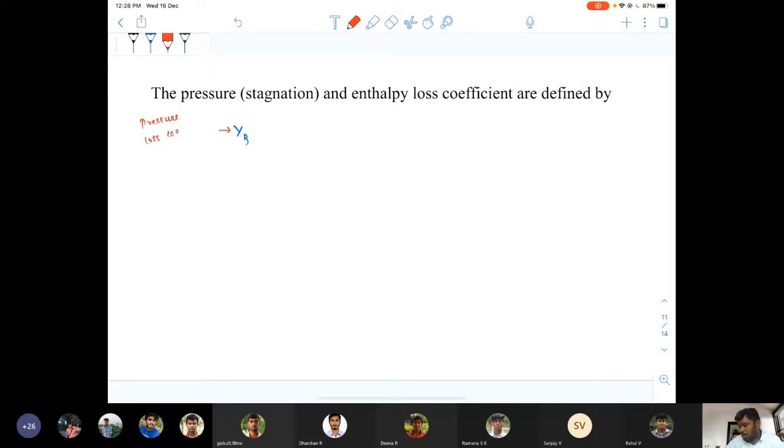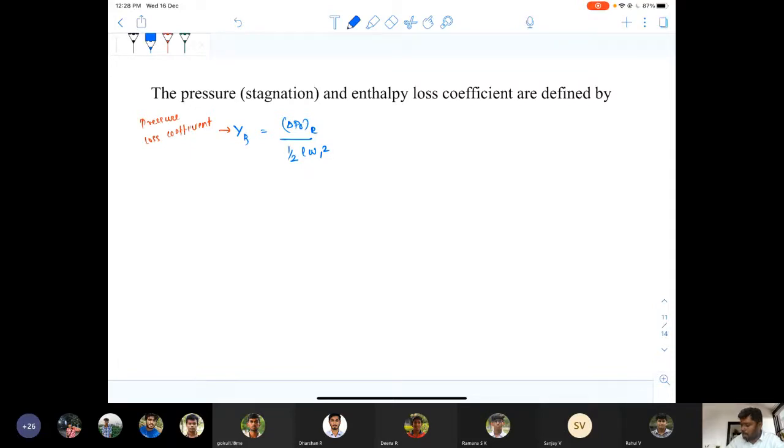Y of R is equal to delta P naught of R divided by 1 by 2 rho W1 square. Therefore, the pressure loss coefficient is given by delta P naught of R divided by 1 by 2 rho W1 square.